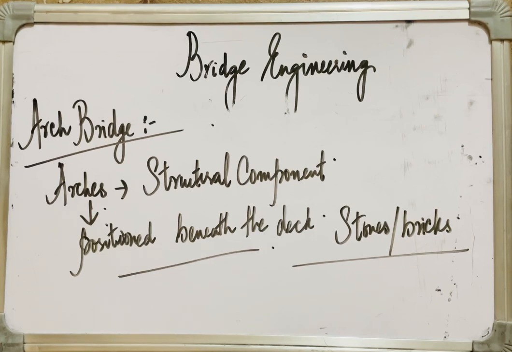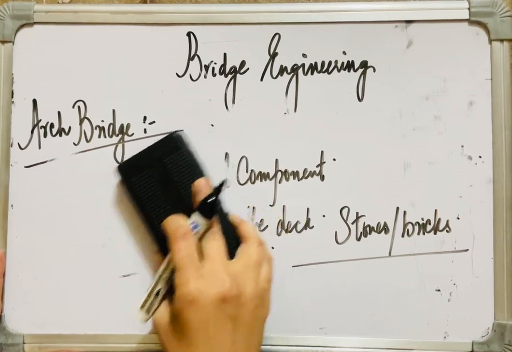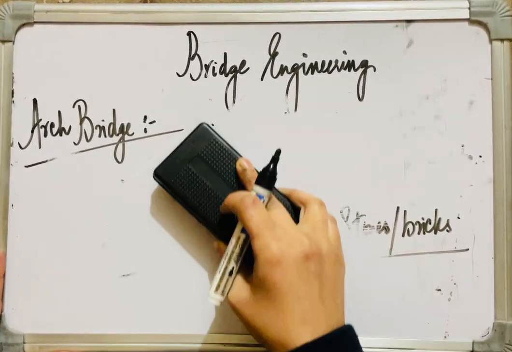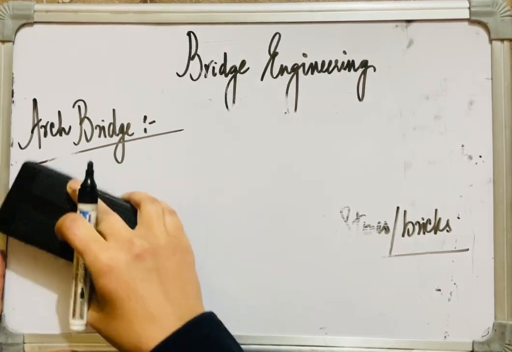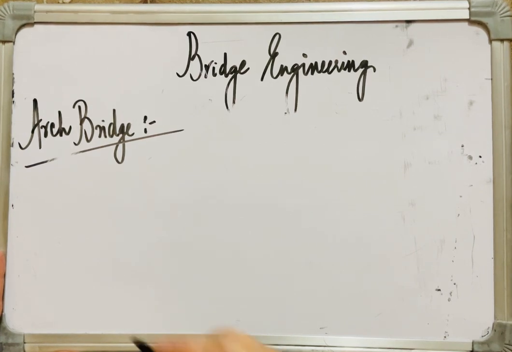But nowadays, these arch bridges are made of concrete. Earlier they were made out of stones and bricks, but nowadays they are made of concrete.